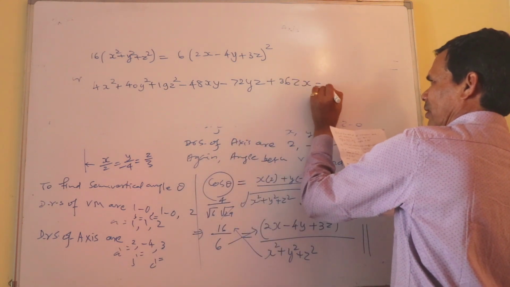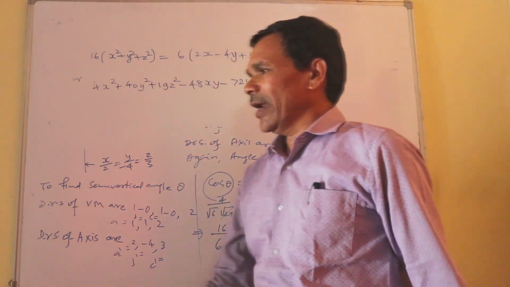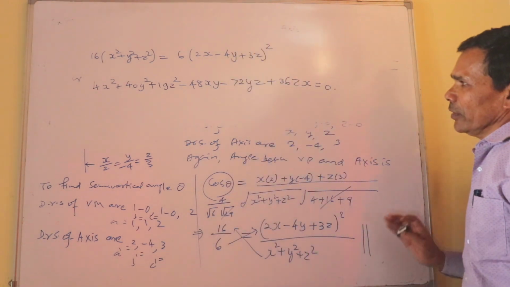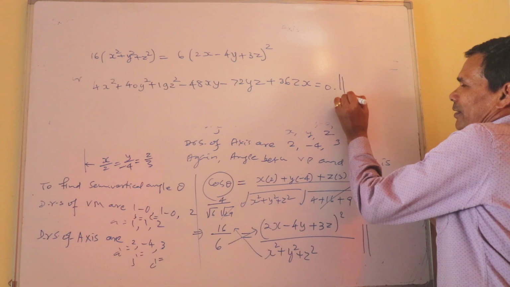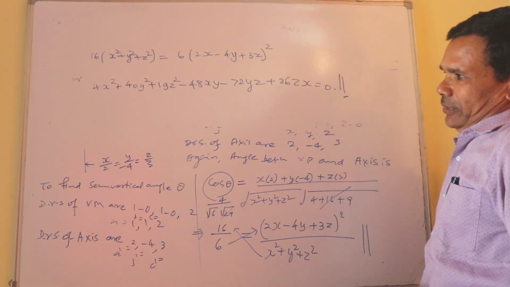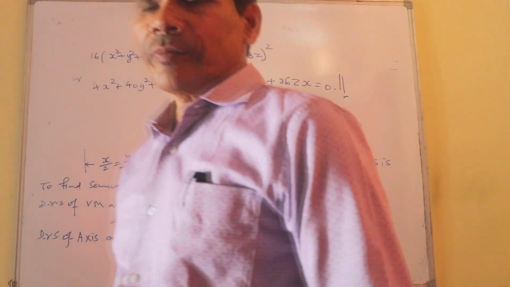So this is the required equation of the right circular cone, on further simplification. That's all.